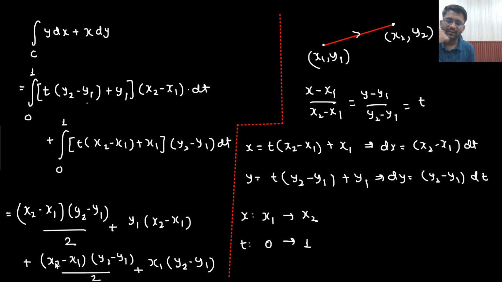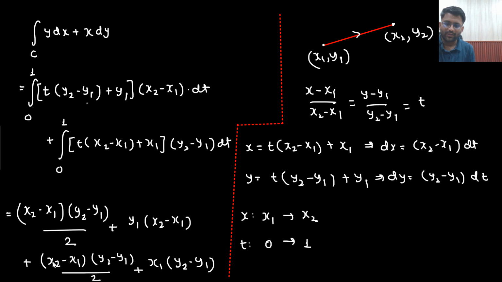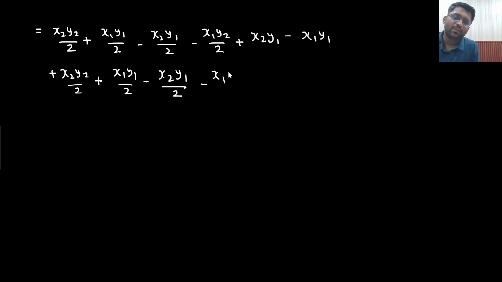Here what will you get? x2 y1 minus x2 y1 divided by 2, minus x1 y2 divided by 2.